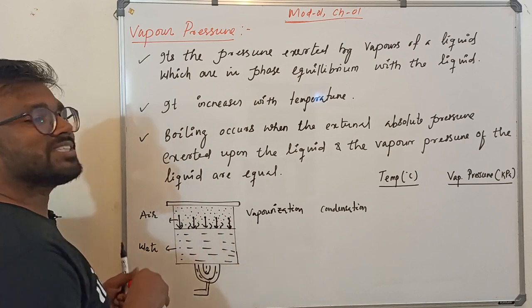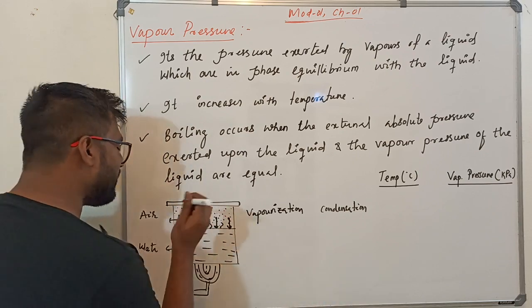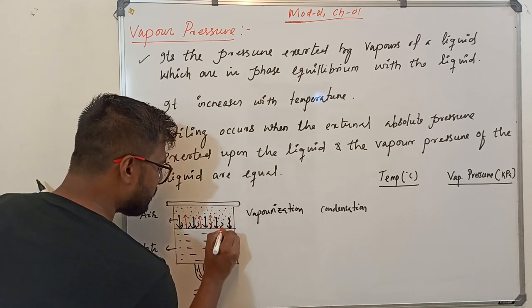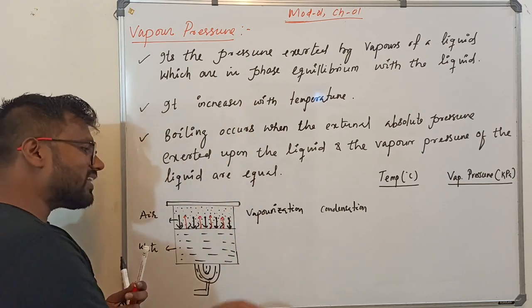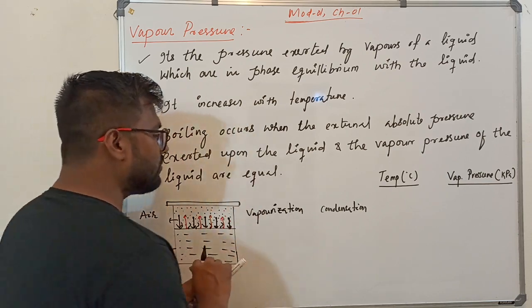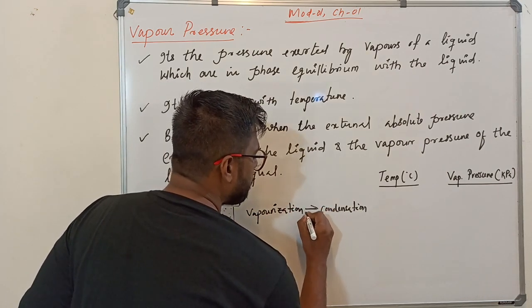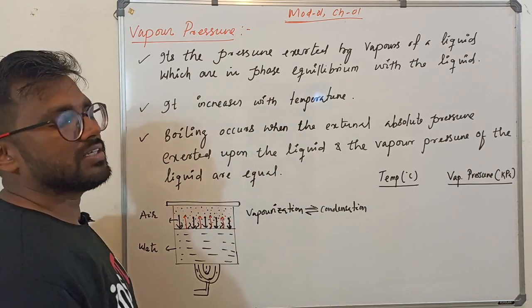But then again there is some space present here, so the water will again start evaporating and try to occupy the space left. This condition will continue until vaporization is equal to condensation.